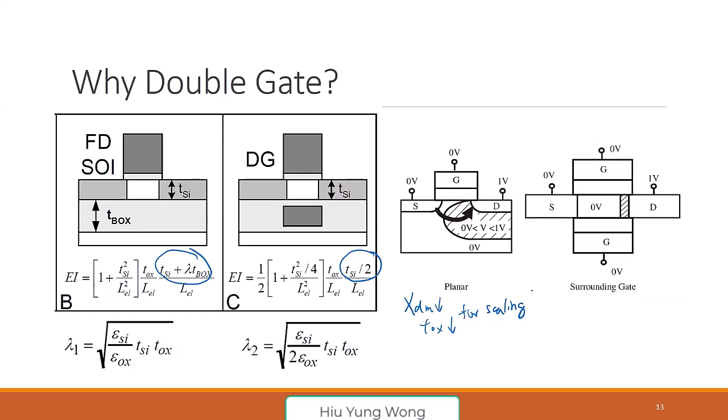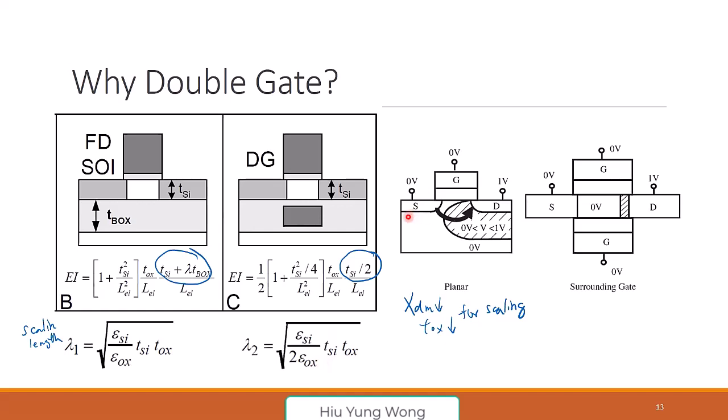And indeed, this is the scaling length we have discussed earlier, lambda, right? If I'm able to use double gates, I actually have a smaller scaling length, right? We want to have a smaller scaling length. That means I can scale my transistor smaller while avoiding the short channel effect, right?